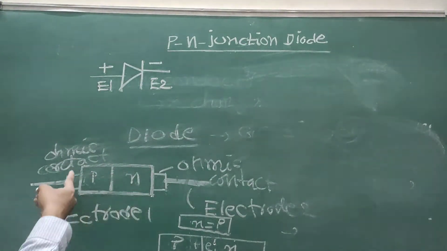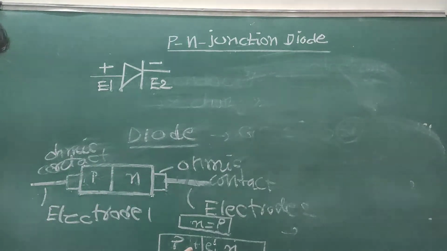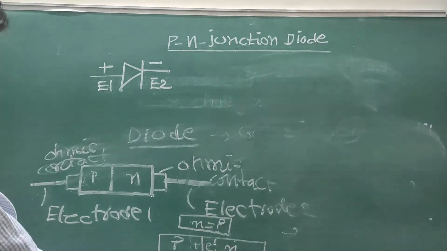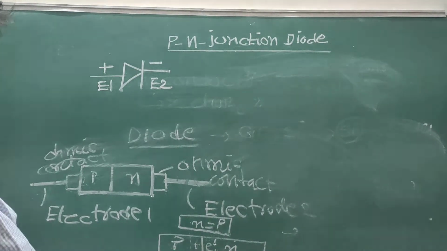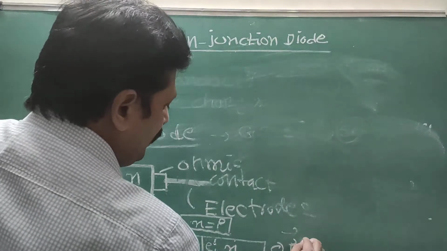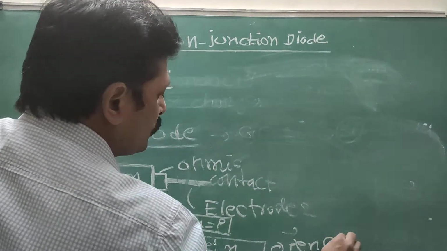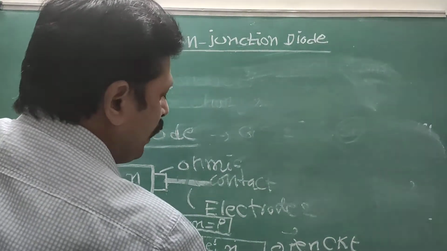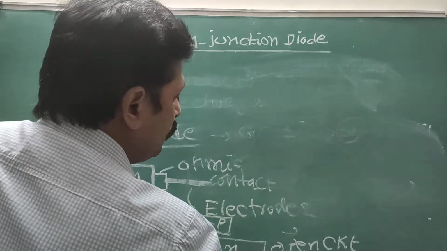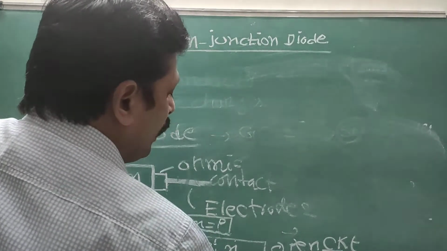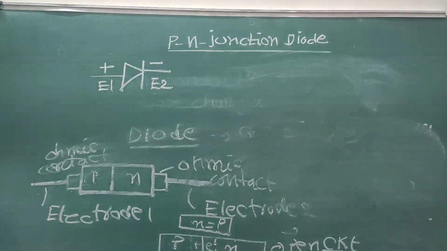In the situation where the count of the charges around the junction is equal, there is no flow of current through it. This is also termed the open circuit condition. What is this named as? Open circuit condition. Under open circuit condition, there is no flow of current through the component or the semiconductor.